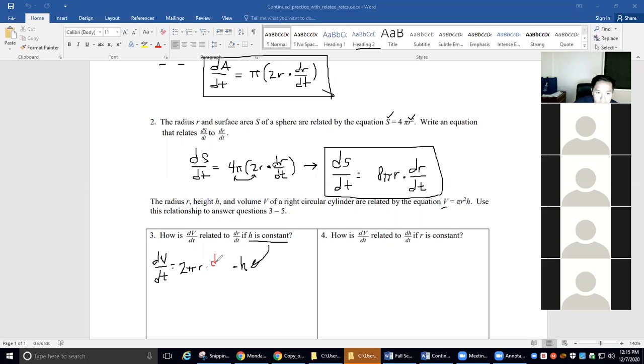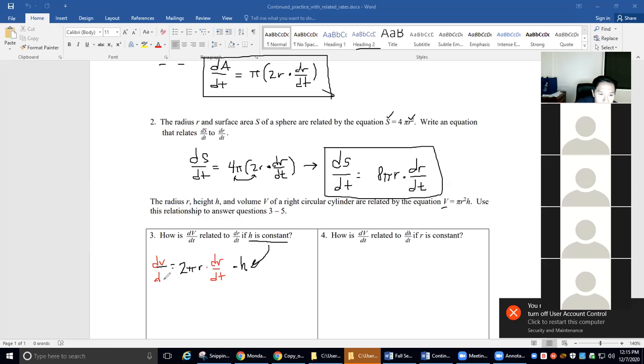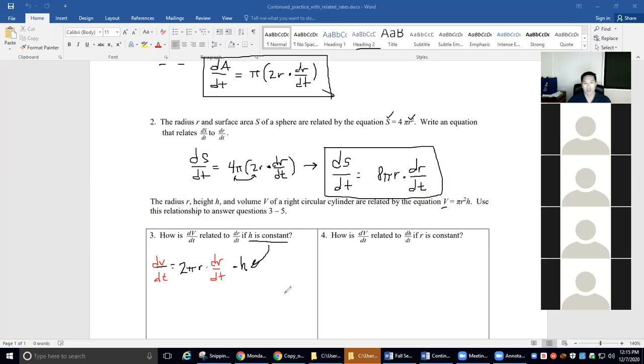Times dr dt. So that's what I have there. So that is my derivative holding h constant.